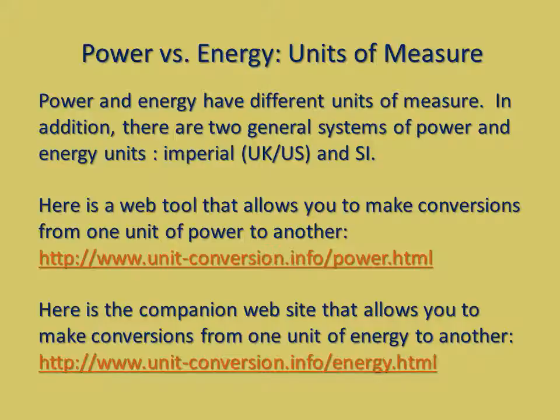And so we have here units of power, watts and foot-pounds per second, units of energy, which are joules or foot-pounds. Another common energy unit in the imperial system is the BTU, which stands for the British Thermal Unit, and that is equivalent to the energy required to raise 1 pound of water 1 degree Fahrenheit.